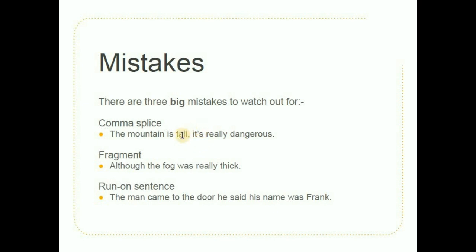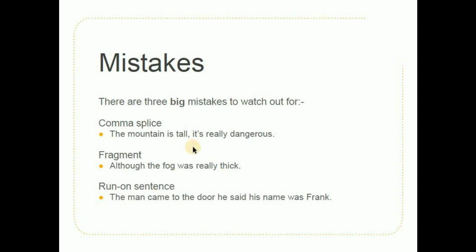Now, a comma is not strong enough to hold together 2 independent clauses alone. This sentence we would need to change. You could change it in a few different ways, but one way would be to add a coordinating conjunction in here. The mountain is tall, so it's really dangerous. Or the mountain is tall and it's really dangerous.